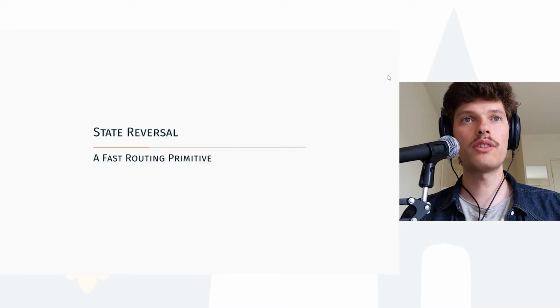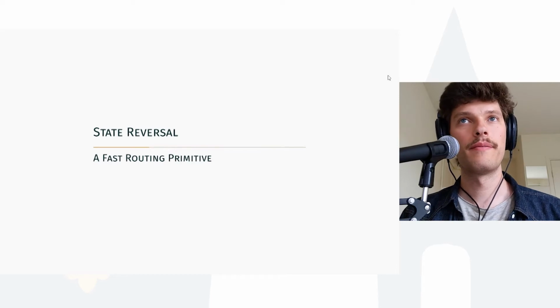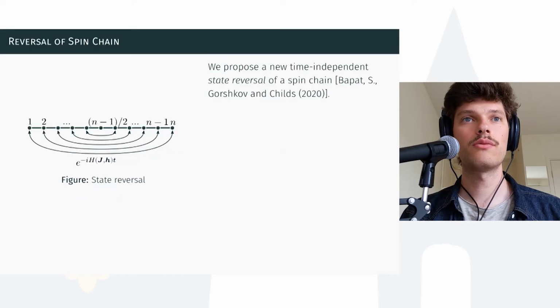To show this, we will do what we call a state reversal, which we will see is a very fast primitive for routing, and it can be quite useful. So what exactly is state reversal?